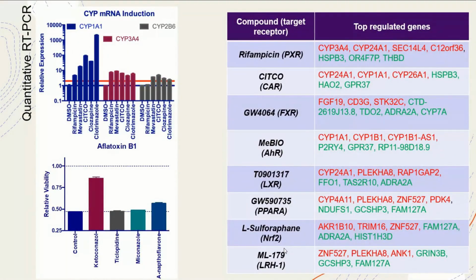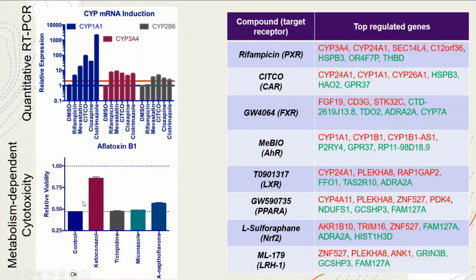One thing you can do is extract the RNA and do quantitative PCR, where you're looking for specific drug targets. Shown here is mRNA for CYP1A1, 3A4, and 2B6, so the AHR inducers, the PXR inducers, and the CAR inducers. You can look to see if your chemicals are inducing this expression.